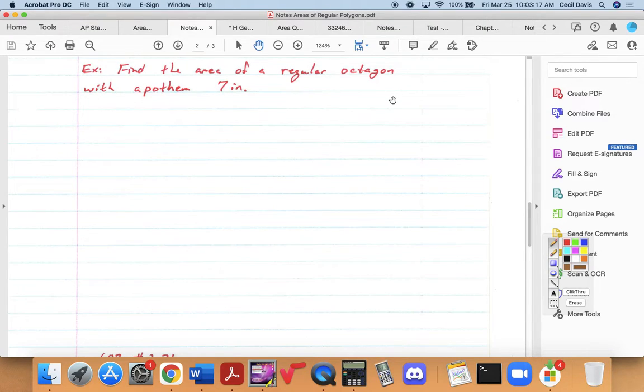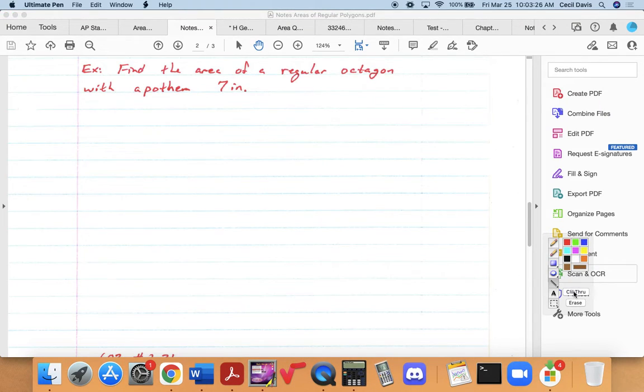So let's find the area of a regular octagon where the apothem is 7 inches. Again, an octagon is about as big a one as I ever want to draw.